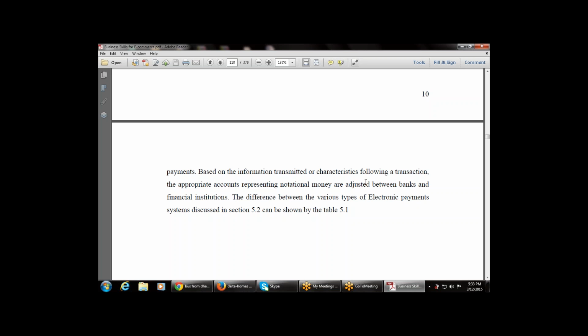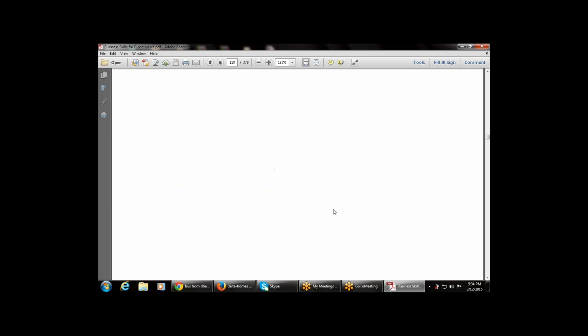The differences between the various types of e-payment system are discussed in the next section, 5.2.